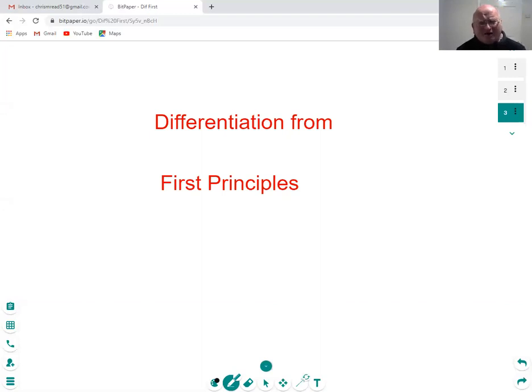Underneath I'll put a link. I've actually linked on my website to a really useful site that differentiates all sorts of things. There are two specific notations that were invented by two different mathematicians, Isaac Newton and Gottfried Leibniz.